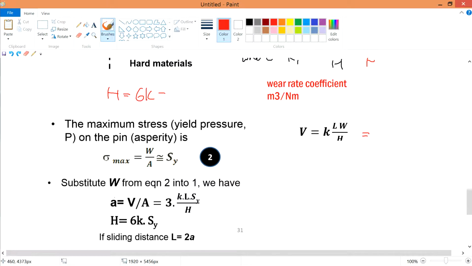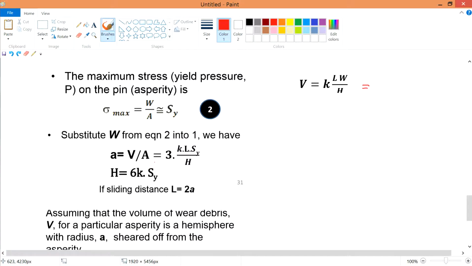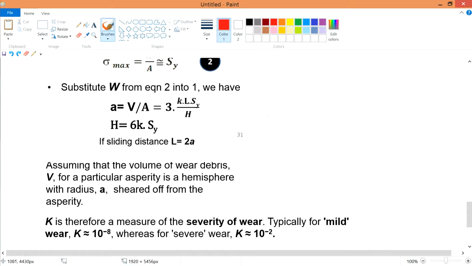So we have derived somewhat this equation, and we don't know what A is. V over A equals some A. I don't know whether it is the impression radius. Oh yeah, it's a hemisphere with radius A. Give me a while. I would think that the A is the apparatus, the surface contact.